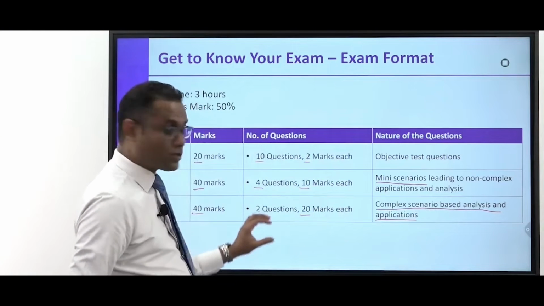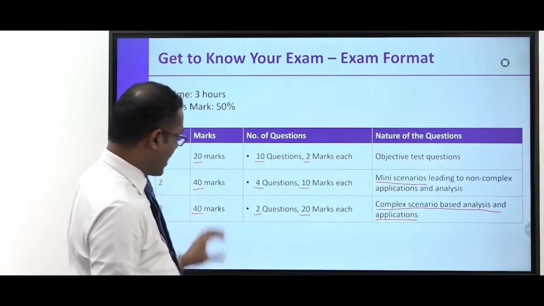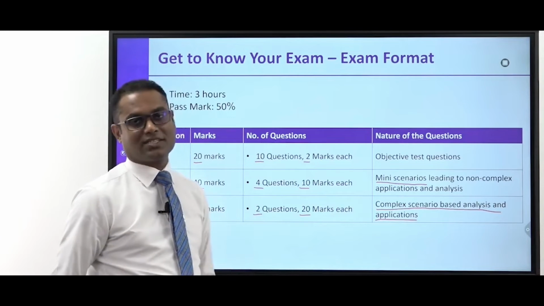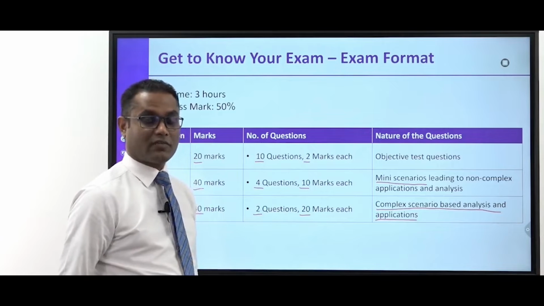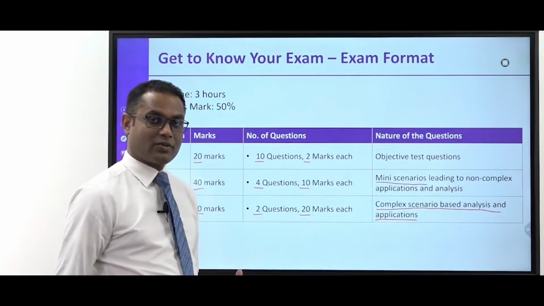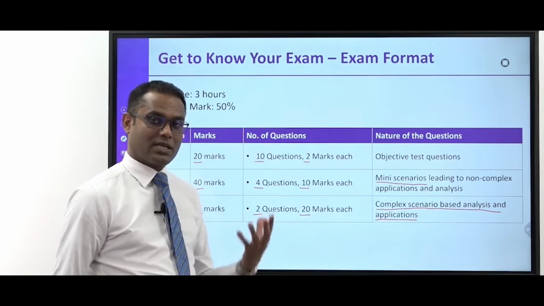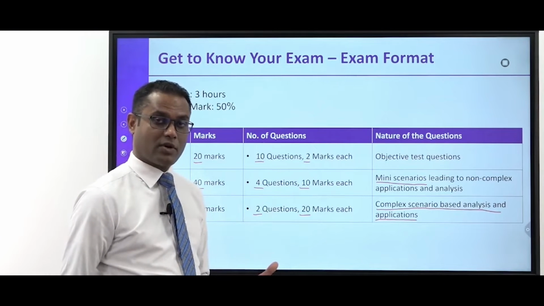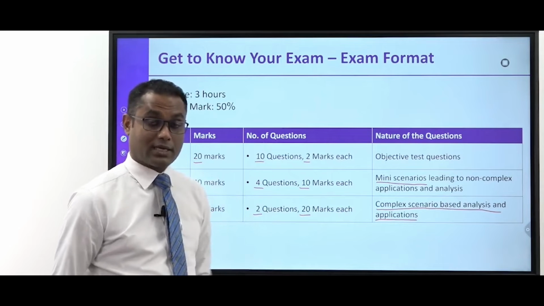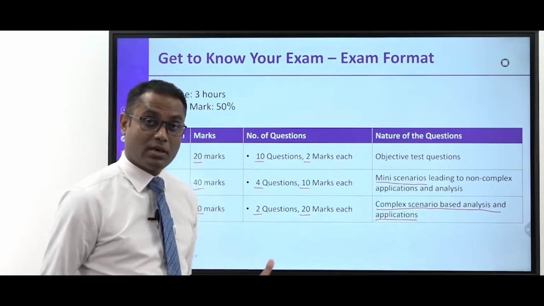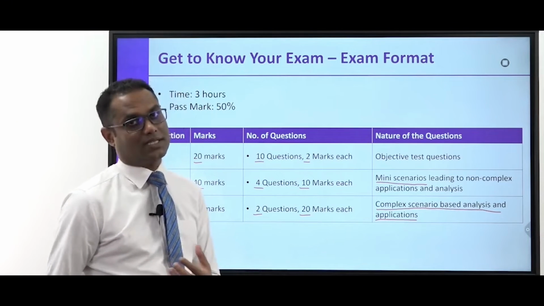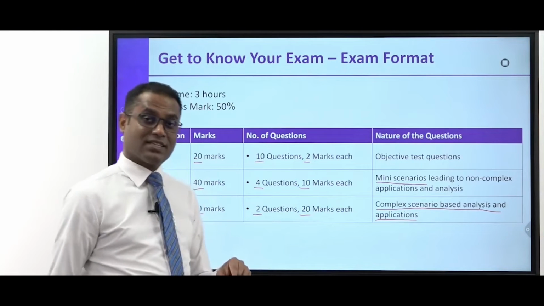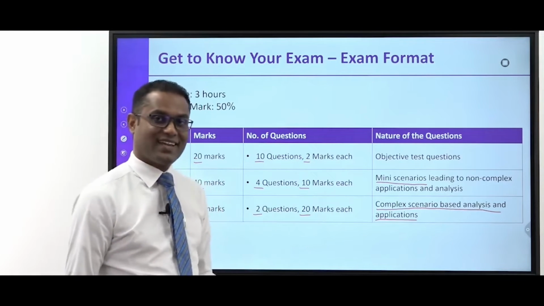Actually, out of these 2 questions, if you look at the past pattern, 1 question is from consolidated financial statements. You are requested to prepare the consolidated financial statements. It can be the consolidated statement of financial position, or consolidated statement of profit and loss and other comprehensive income, or it can be both of these 2 statements, right? 1 question is from consolidation and the other question is from the accounting standards.